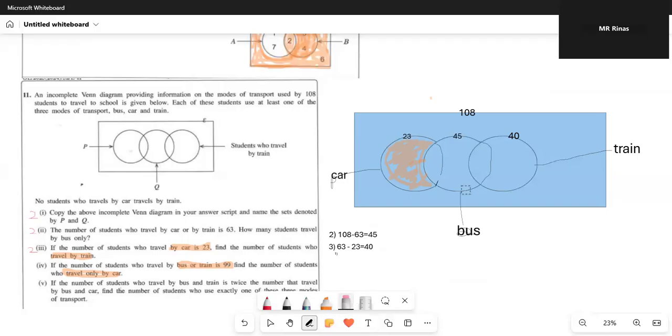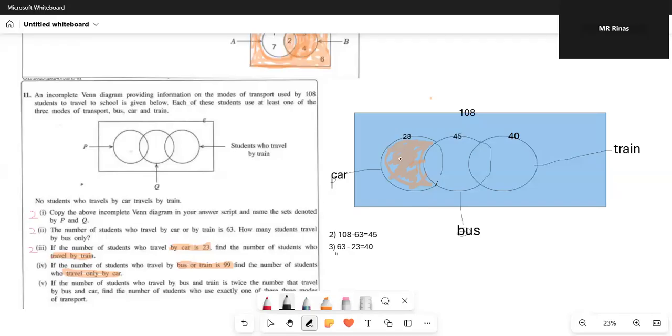So here, the students who travel by bus or train might be the circle of the bus and the circle of the train. It means they might travel by two of them, but they didn't travel by car. So you have to find only this portion.